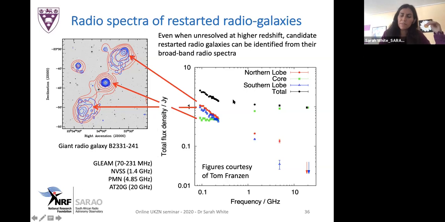So it's steep at low frequencies, but it then flattens out as we go to higher frequencies. And that means we could even use that spectral signature to pick out radio galaxies for follow-up and investigate whether they truly are restarted AGN.